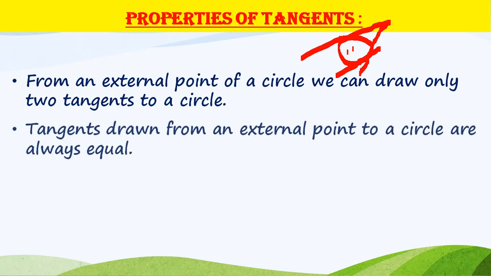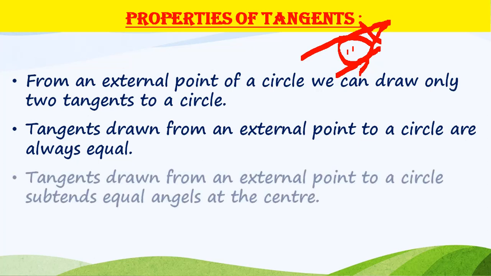The next property is that tangents drawn from an external point to a circle are always equal. These two tangents must be of equal length. Next, tangents drawn from an external point to a circle subtend equal angles at the center and equal angles at the external point.